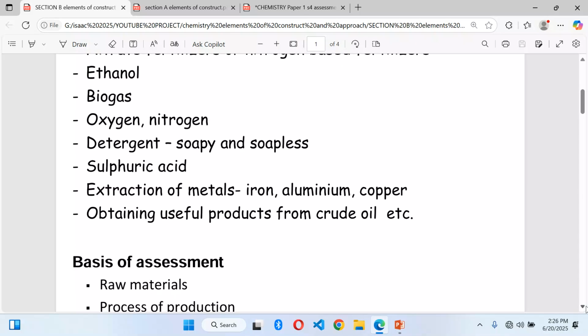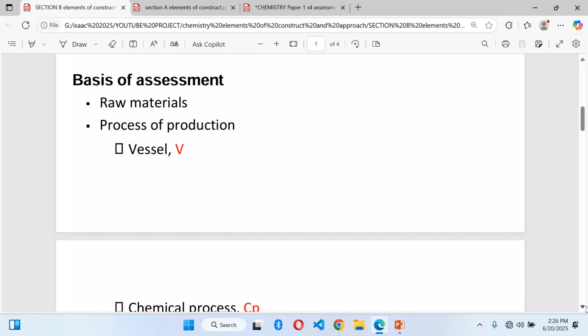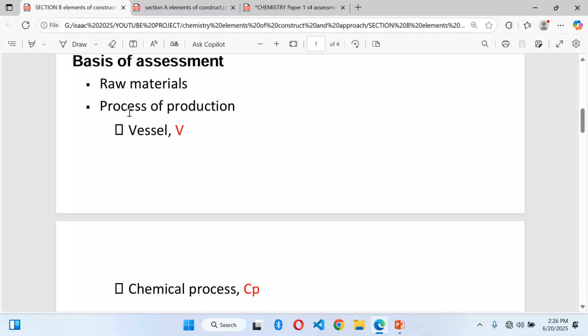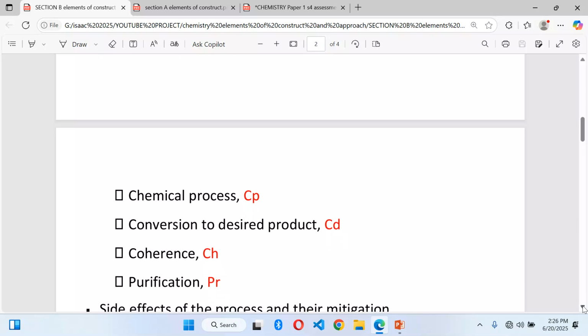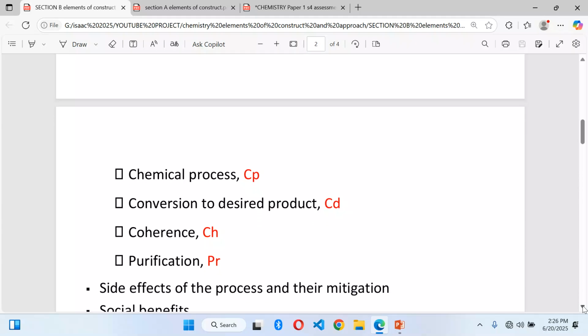Now, what do we base on when we are assessing? Basis of assessment. We identify the raw materials. We read the scenario and understand which product they want to produce, and then we identify the raw material. Then the process of production. And the process of production is where we include the vessels, the chemical processes, conversion to desired product, then coherency, then we have also the purification.